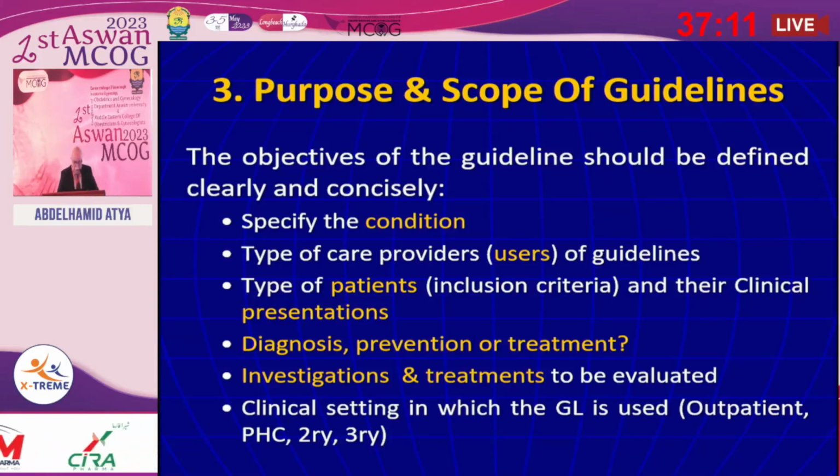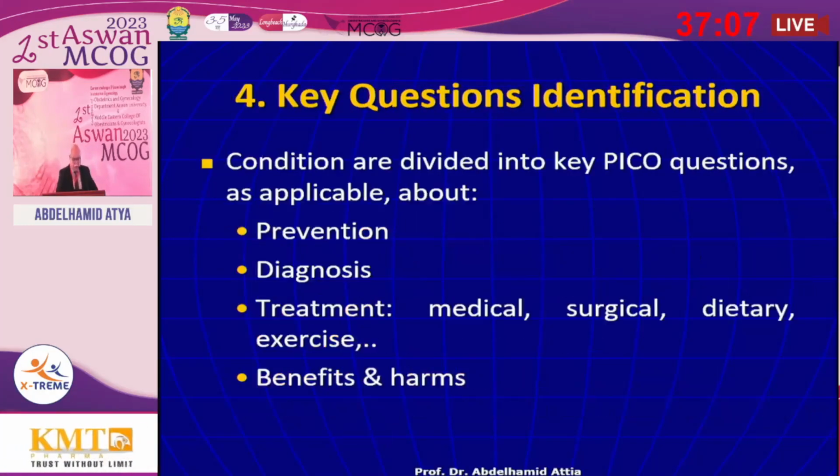So after putting the scope of the guideline and the purpose of the guideline, they start to put hundreds of key questions, very small questions. If any one of you worked in evidence-based medicine, he is for sure familiar with the PICO question. They put hundreds of PICO questions. Each question searches for a very small information that will be turned into recommendation at the end stage of the guideline generation.